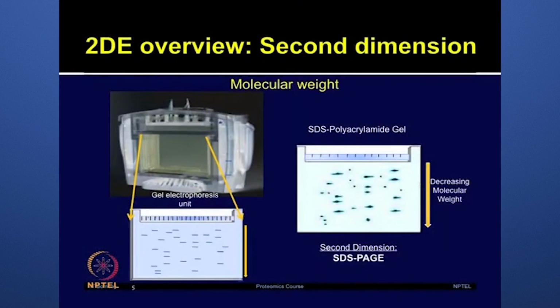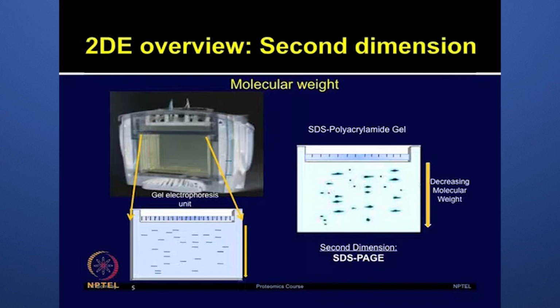After first dimension separation, if you remember, you need to do some treatment, which is equilibration. You want to prepare your strips for the second dimension separation. In equilibration, there were two essential components, and if you recall, we talked about DTT and iodoacetamide. After the equilibration treatment, you can separate the proteins in the second dimension based on molecular weight.